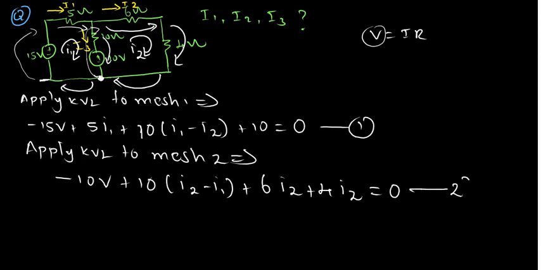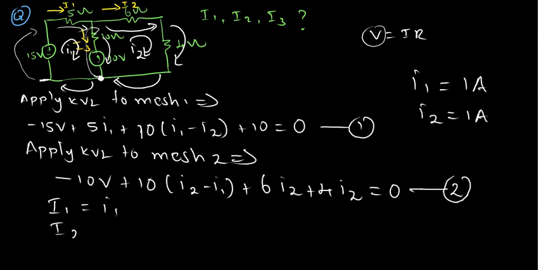That's the second equation. When you solve these two, I1 is equal to 1 ampere and I2 is equal to 1 ampere. Then I3 is equal to I1 minus I2, which is 0. So that's the answer for this.